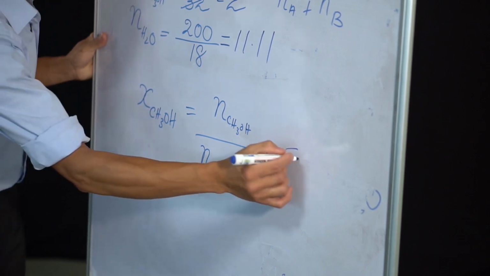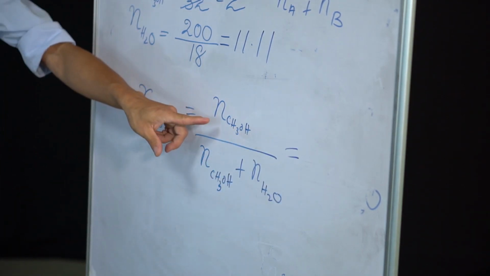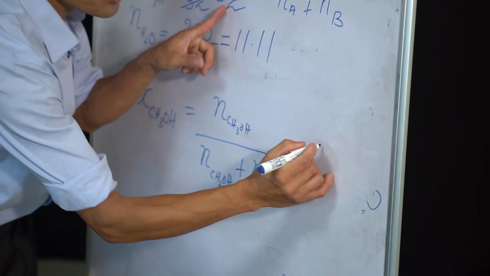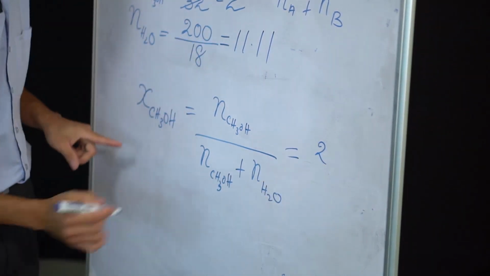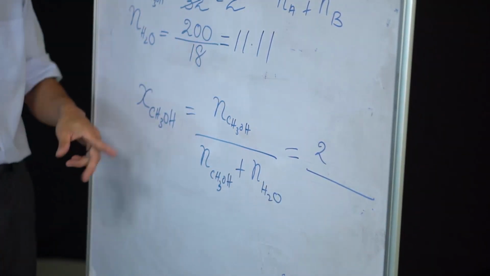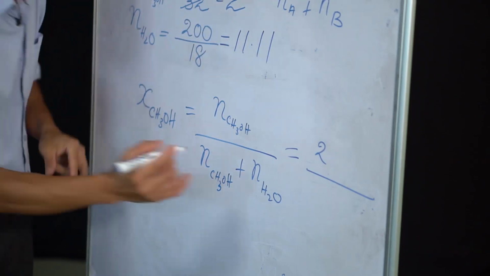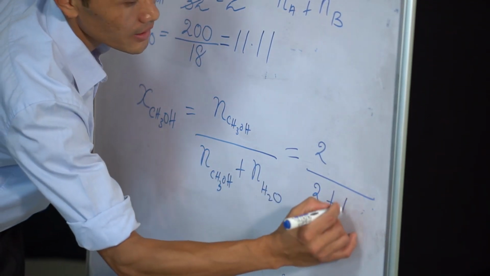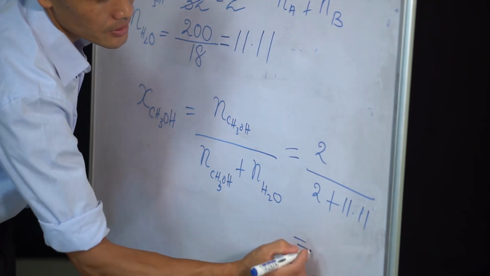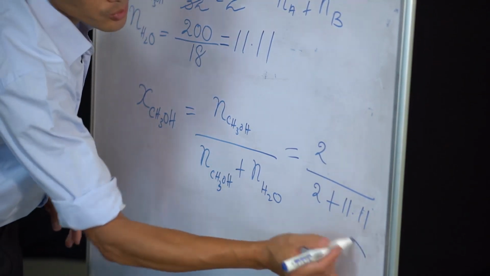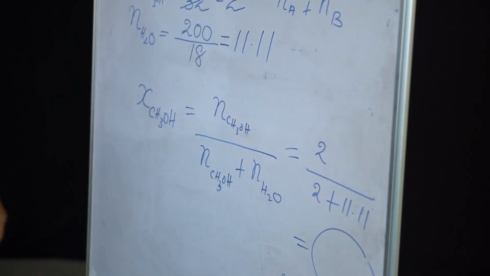Number of moles of methyl alcohol, we got 2. This will be divided by the sum of number of moles of both components, so 2 plus 11.11. I'm sure you will be able to do this simple calculation at home. You try it.